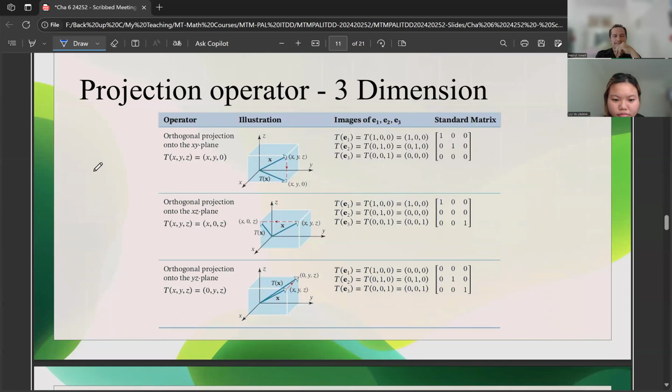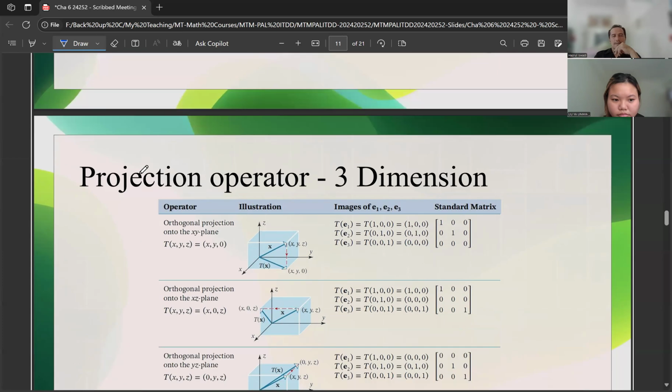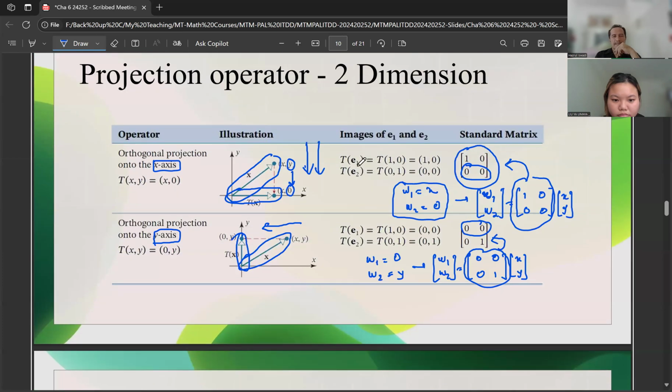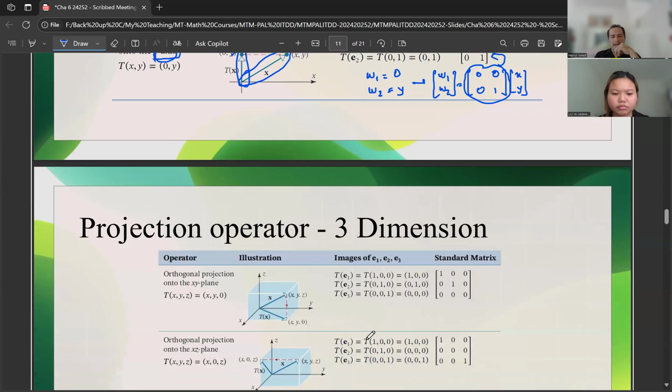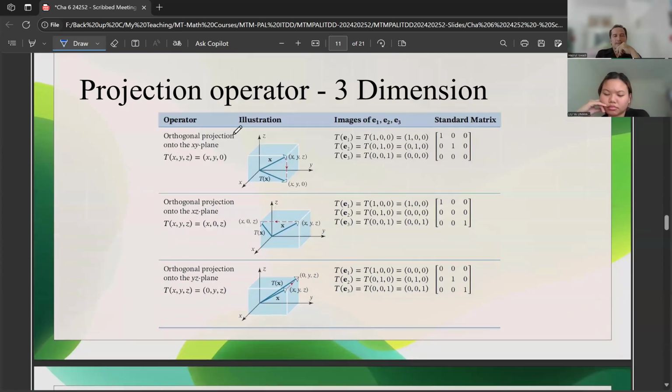3 dimension. In the 2 dimension, we project to the x-axis and y-axis. Jadi proyeksinya ke sumbu x dan sumbu y. But in 3 dimension, we project to the plane, ke bidang-bidang: plane XY, plane XZ, and plane YZ.